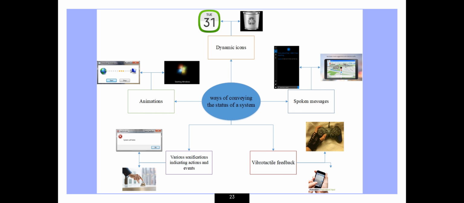The next are vibrotactile feedback and wireless sonification, which indicate actions and events of the system. And the last one, animations. This is the most famous one that we use because it can show directly to the user what the system is doing and how the system is working.